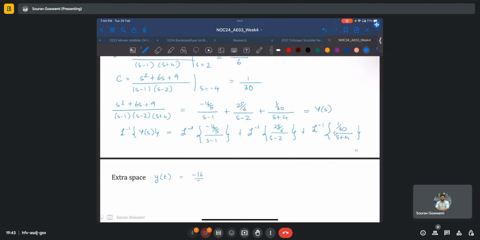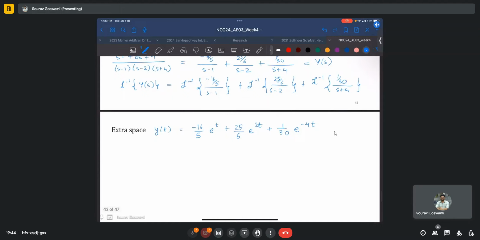Here we take the constant out. Laplace inverse of 1 by s minus a is e power at, so this will be e power 1t plus 25 by 6 e power 2t. So all of these are of the exponential forms, plus 1 by 30 times e power minus 4t. And this is the solution to the given initial value problem.